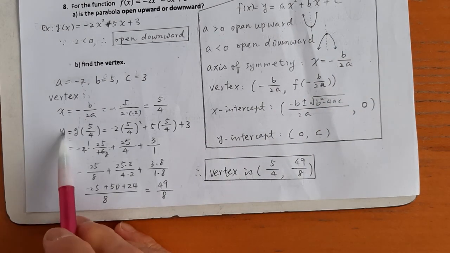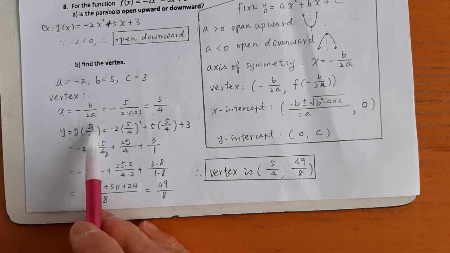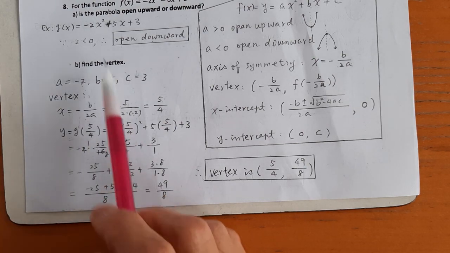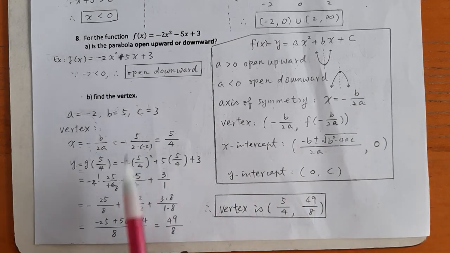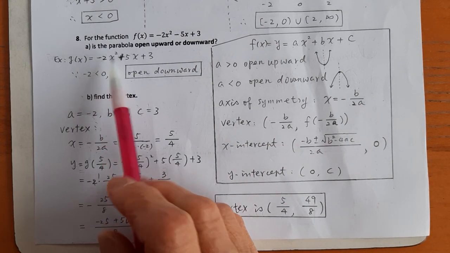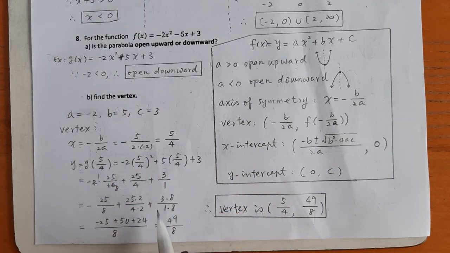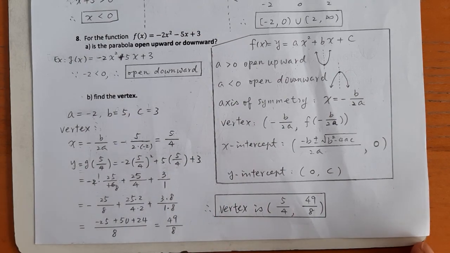And find out the y coordinate. The y coordinate is equal to g of x, substituting 5 over 4. So plug into this function: -2 times 5 over 4 quantity squared, plus 5 times 5 over 4, plus 3.